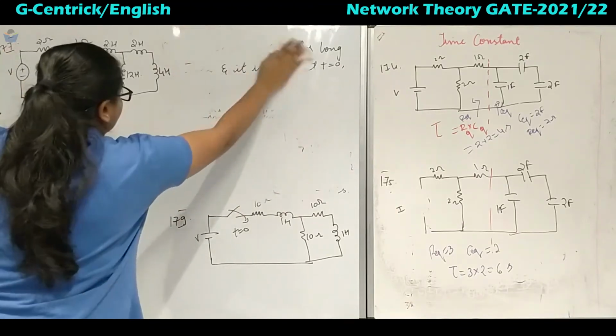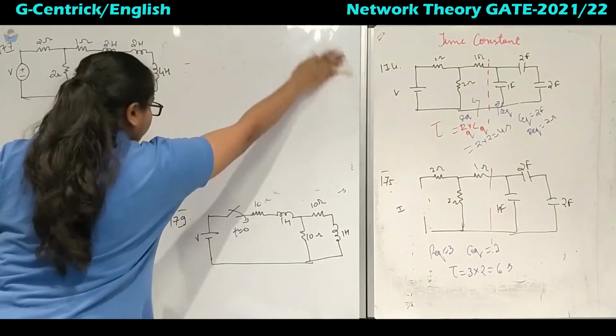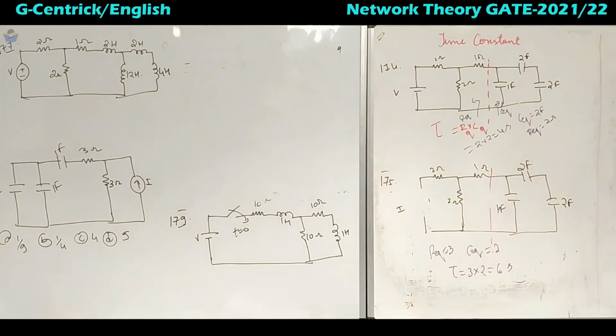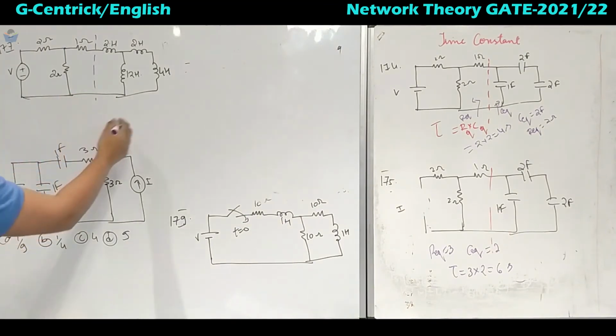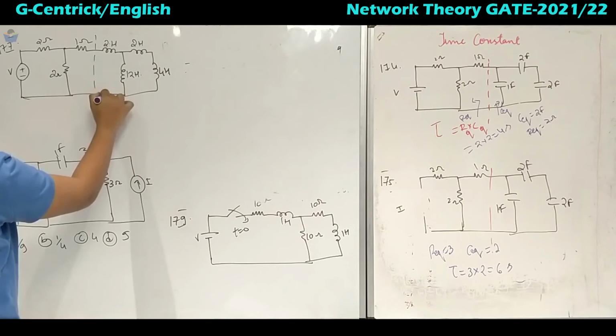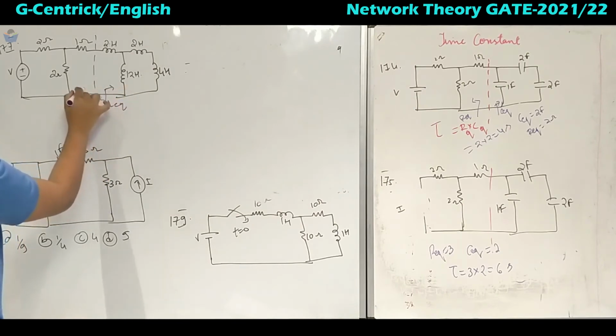Coming to question number 177, same thing, we have to find the time constant. Here also we can divide this one and take L equivalent and R equivalent.